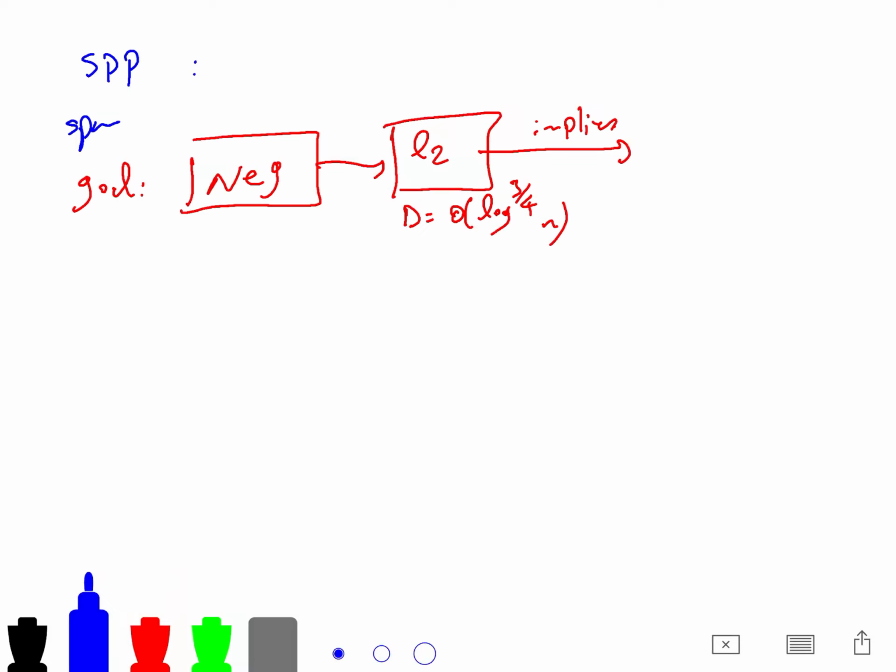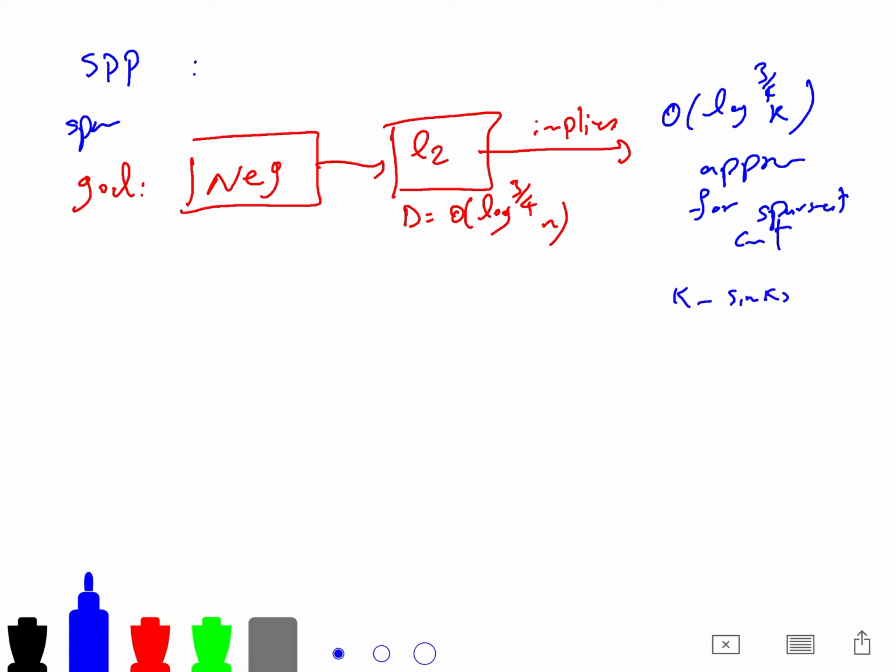This implies that you already have an order of root log k approximation for sparsest cut with non-uniform demands, where K means you have K sources and K sinks.